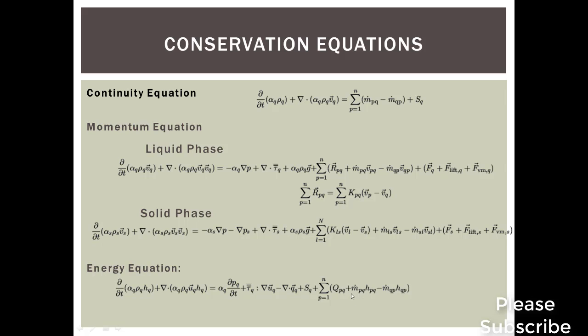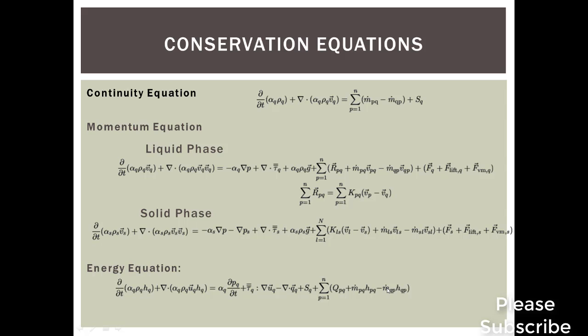And importantly, QPQ is the heat transfer that occurs between two phases, how the heat transfer rate is exchanged between the two phases. So this may play a major role in the interaction between solid and liquid in heat transfer, or basically in a nanofluid that is passing through a heated pipe. Similarly, as mentioned, m dot PQ and m dot QP would be zero.